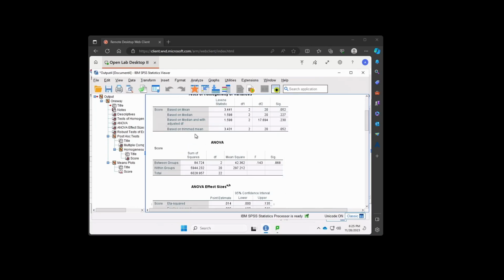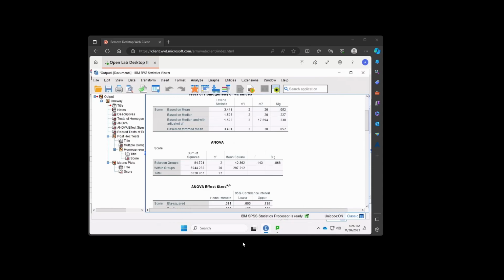And we have our ANOVA. So our significance is at the 0.001 level, looking at between groups 0.001, so that means that there is a statistically significant difference between the levels of the independent variable.